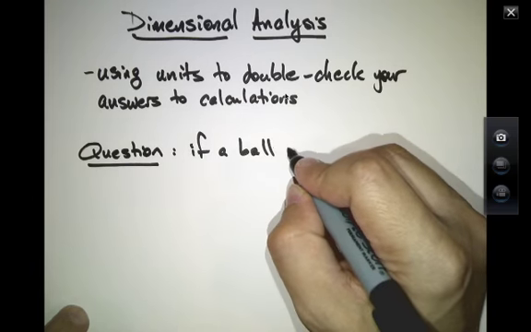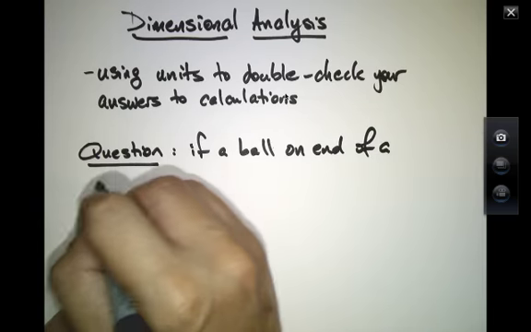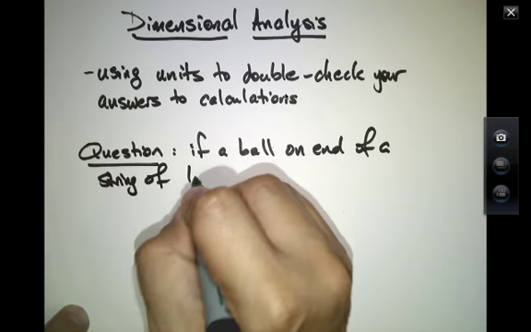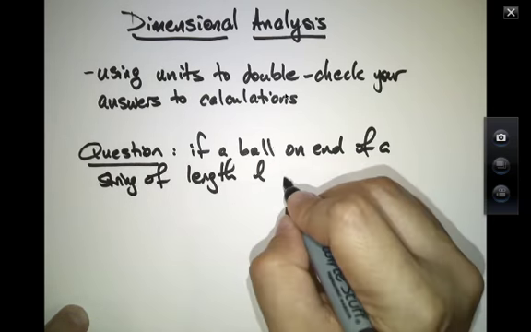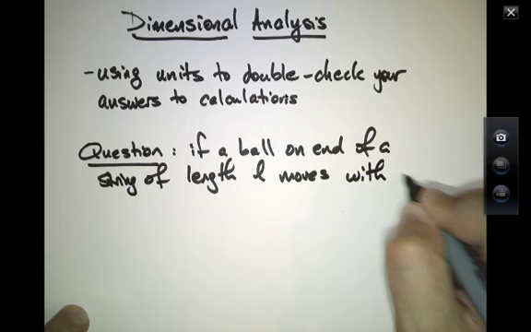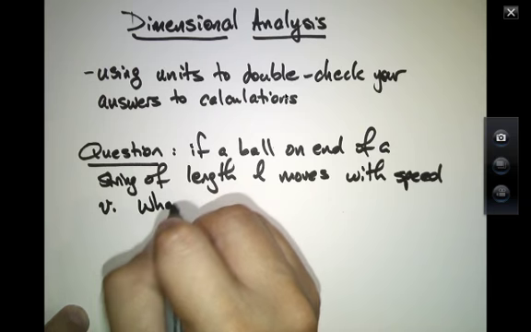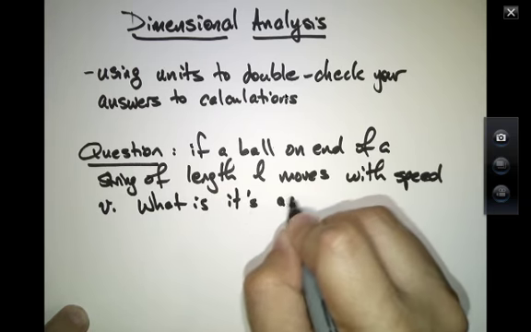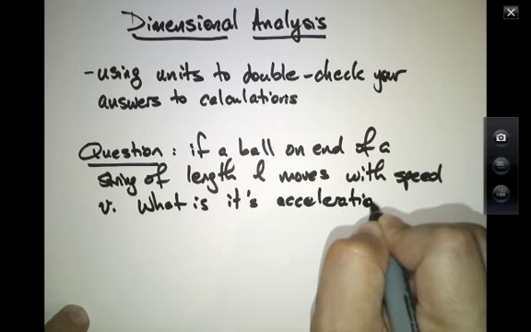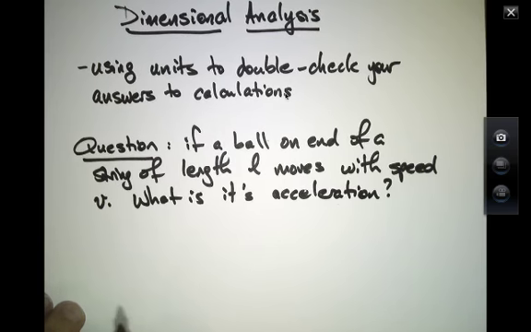So if we imagine a ball on the end of a string, which moves with a speed v, we'll come to derive this expression soon enough, but even from the choices given, I can show you that one of the following multiple choice answers would be the unique one that would give you the correct units for acceleration.